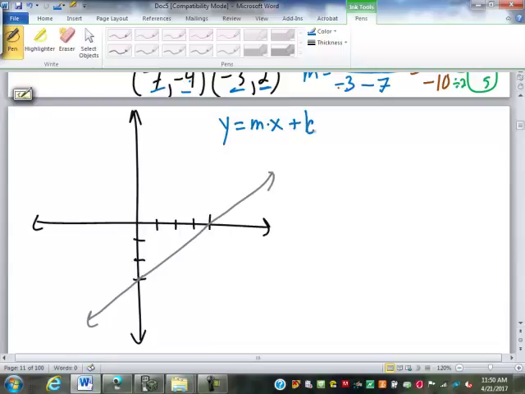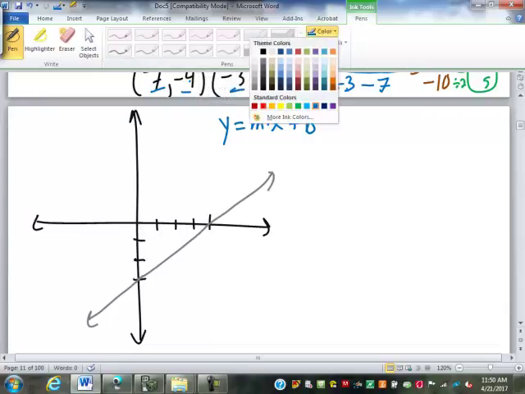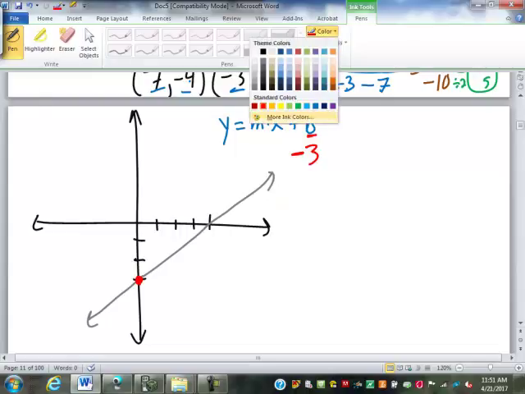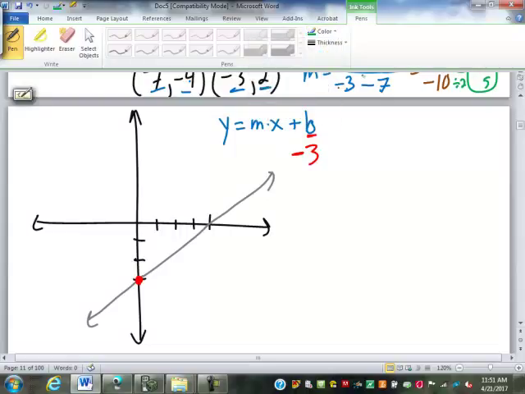I'm going to use the letter B to represent our y-intercept. Looking at this line, probably the easiest thing to pick out is the y-intercept. What's the y-intercept here? -3, perfect. It's where it crosses the y-axis. That's going to be a -3.